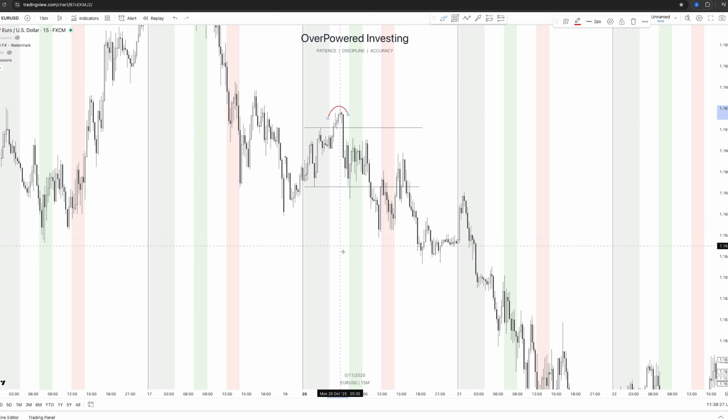By the way, this vertical green stripe represents the first 2 hours of the London session, and this pink stripe represents the first 2 hours of the New York session. So the price is doing some manipulation above the Asian high before the London session. During the London session, the price is ranging inside of the Asian range, and right before the New York session, we are breaking to the downside, and then price is going to retest our Asian range.